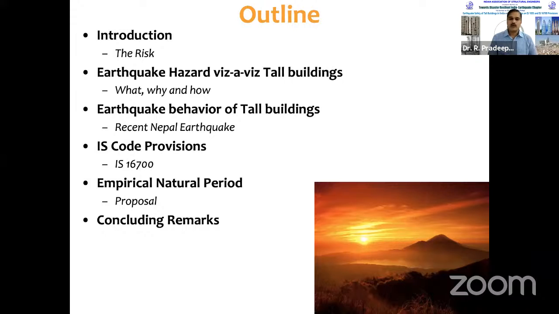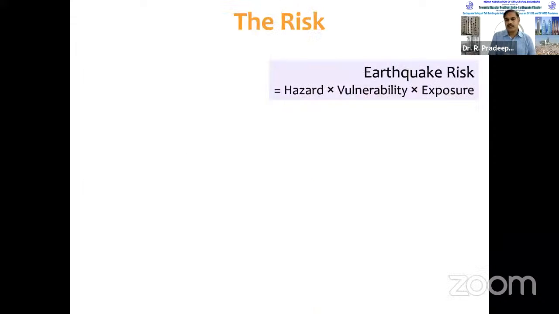Then IS code provisions, where I'll focus more on IS 16700 provisions and some provisions from IS 1893. Time is short for all the provisions, so we can discuss them sometime later. And then one experiment we did on the validity of the current empirical expression for natural period given in IS 1893. We conducted experiments on over 80 to 100 tall buildings, and we are proposing one empirical expression for tall buildings. So let's go straight into the details.